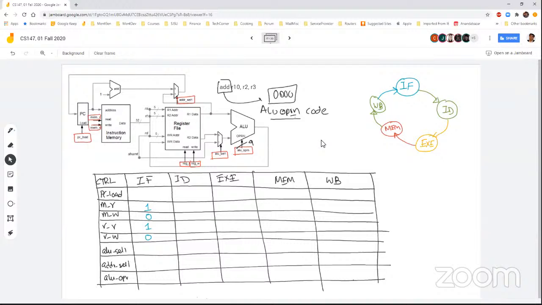Now, at this moment in the instruction fetch, you see the address selection and the ALU selection don't matter. I can set them to any value. In that case, I prefer to put 0, because the safest default value in the hardware world is 0. So set it to 0 if it is a don't care. At this point, in instruction fetch, address selection 1 and ALU selection 1 don't really matter.